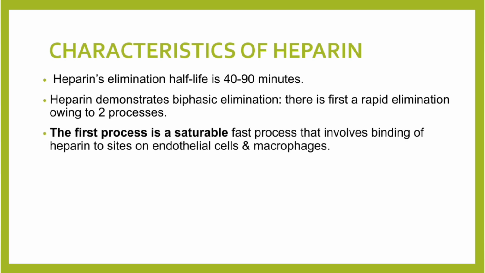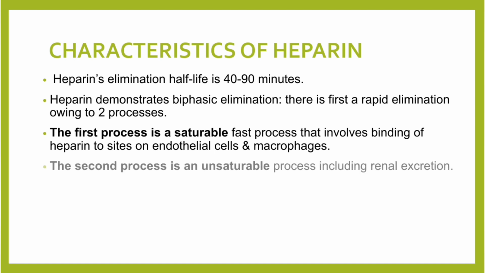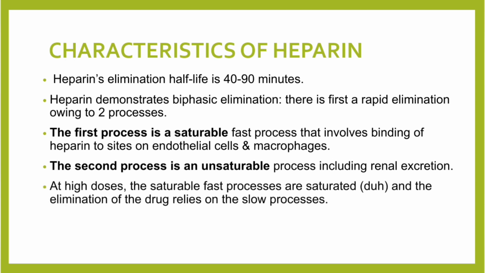The first process is a saturable fast process that involves binding of heparin to sites on endothelial cells and macrophages. And the second phase is a nonsaturable process that includes renal excretion. At high doses, the saturable fast process is saturated and the elimination of the drug relies on slow processes. So this is what prolongs heparin's half-life.